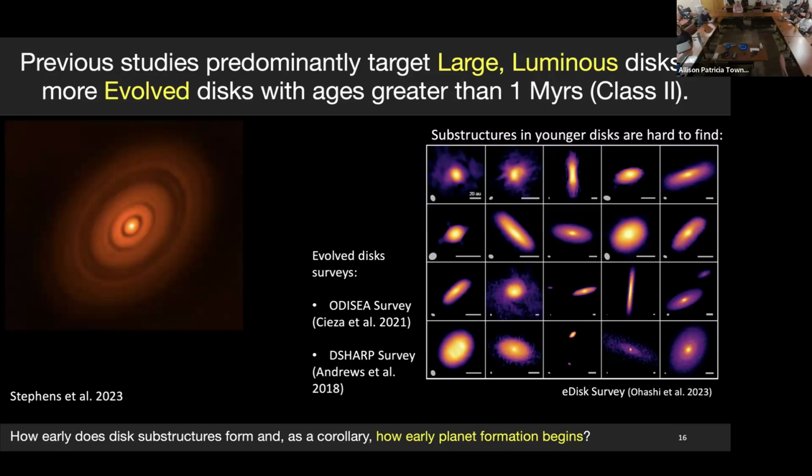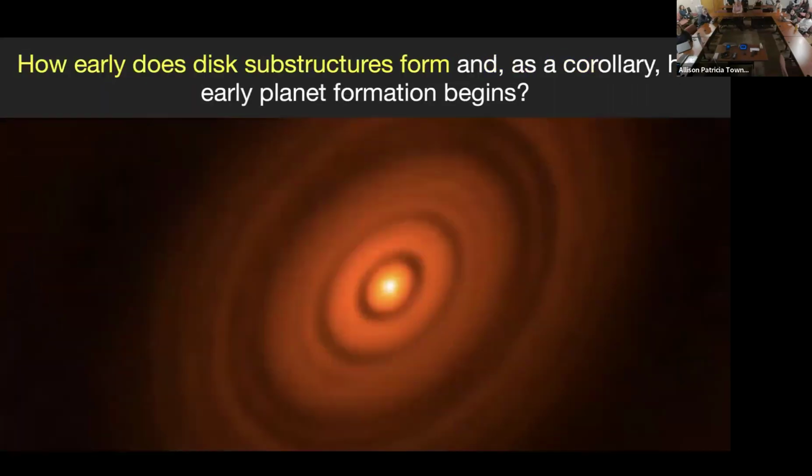It's important to point out that until today, we do not have a uniform high angular resolution search for disk substructures in the youngest Class 0 and 1 disks. But studying them is very important because it tells us how early these disk substructures form, and as a corollary, how early planet formation begins.